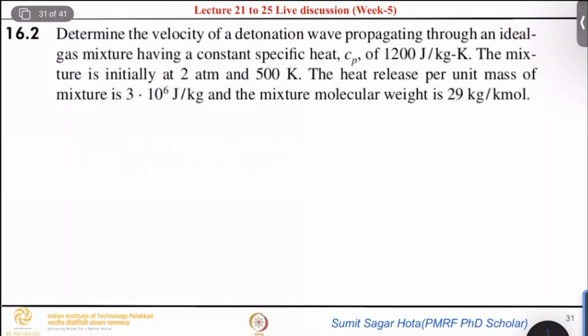The heat release per unit mass of mixture is 3 into 10 to the power 6 joule per kg, and the mixture molecular weight is 29 kg per kilomole. This is the question given.